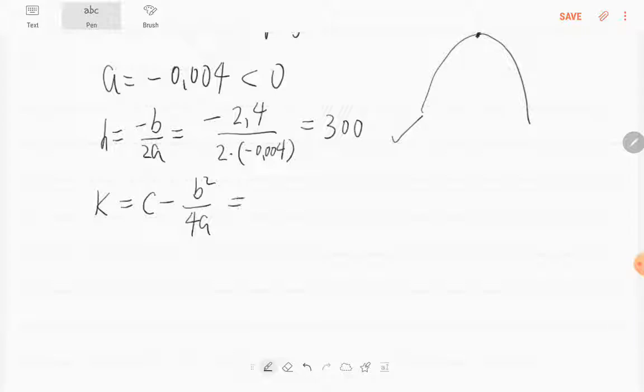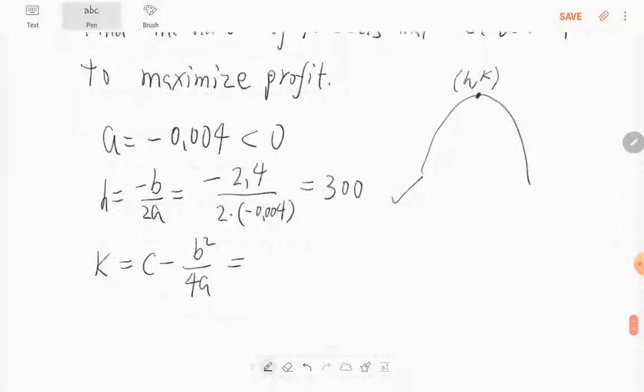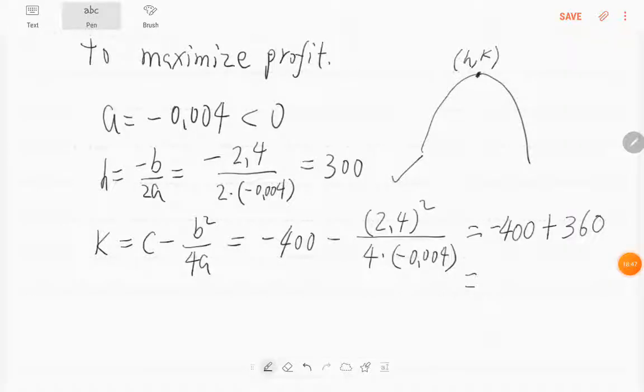So what is the maximum profit? Some student may ask. This is c, which is negative 400, minus b squared, 2.4 squared, over 4 times negative 0.004. If you use a calculator, you will see it's equal to negative 40. So this problem tells you that this is probably not good.